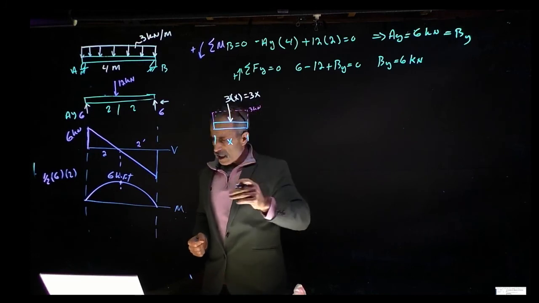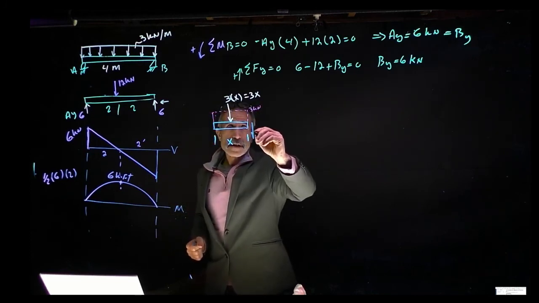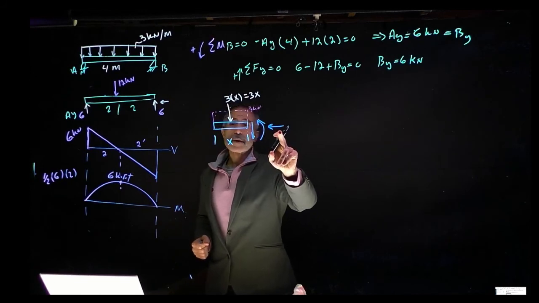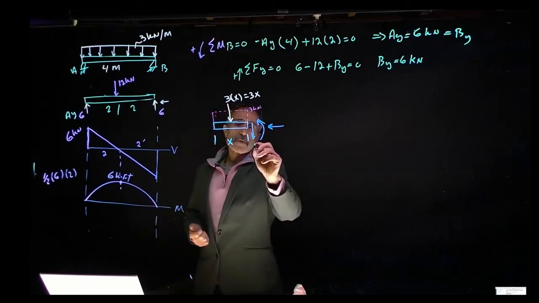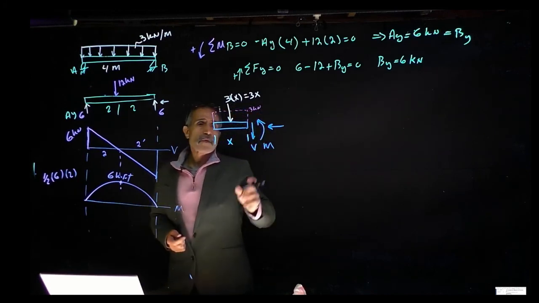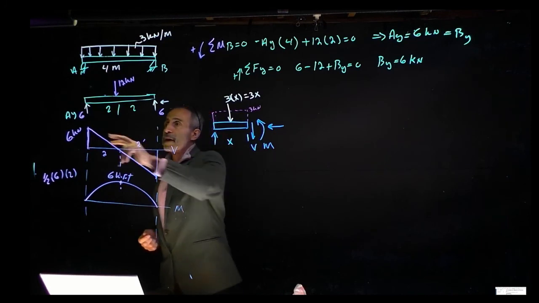We talked about a shear, a moment, and the axial force. We know there's nothing here because there's no force coming this way. So we have V and we have M. I know on this side, the force came out to be 6.